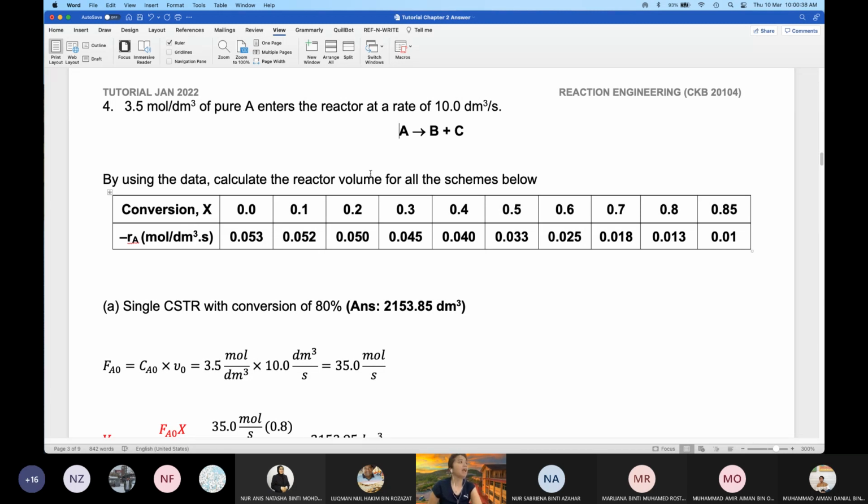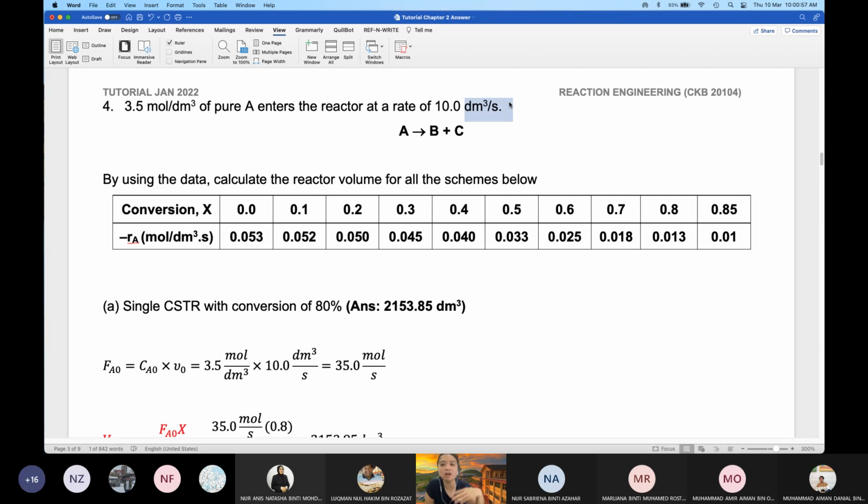Next one, rate of 10 dm cube per second. Again, dm cube per second, the dimension is volume per time. So you know volume per time is volumetric flow rate. It says this one is initial, enters the reactor. So V0 is 10 dm cube per second.